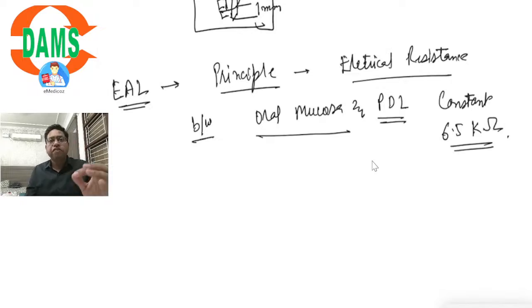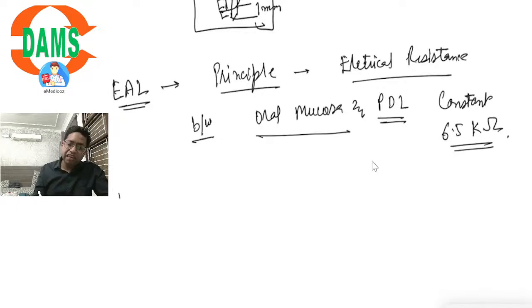Whenever we insert a file inside the tooth connected to an electronic apex locator, and a lip clip is placed in the patient's mouth, the lip clip contacts the oral mucosa. When the file reaches the PDL, the electrical resistance between the two structures is 6.5 kilo ohms, and there is a beep on the apex locator, which indicates that you have reached the PDL, or the full working length.